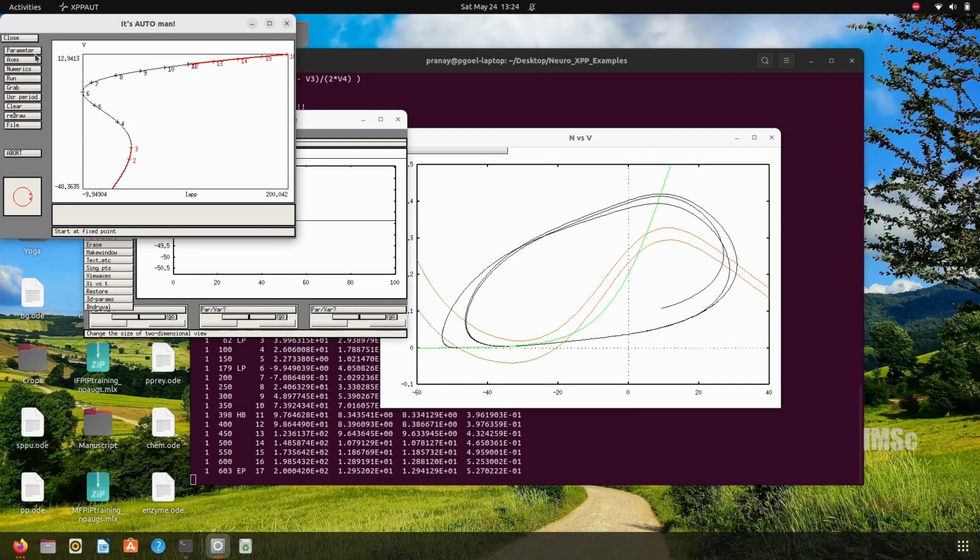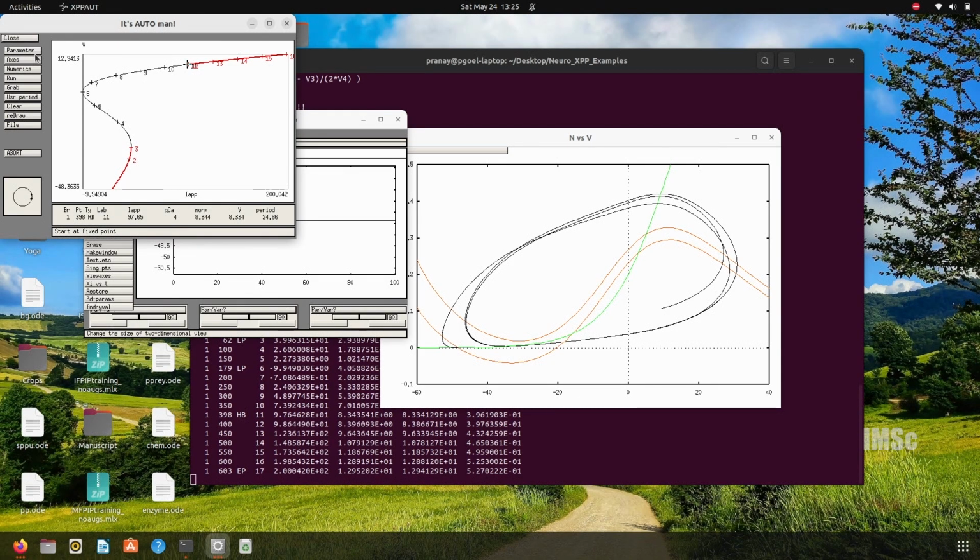Can I look for a hop over there? Let's try and see that. This is a limit point. In fact, this little label that says LP shows you that it's a limit point. That limit point means there's a knee, an elbow.